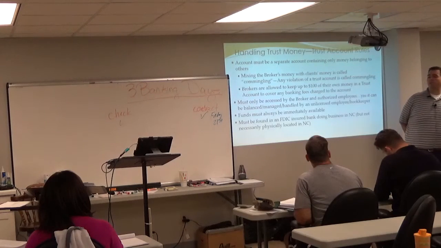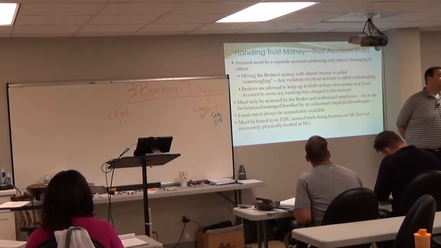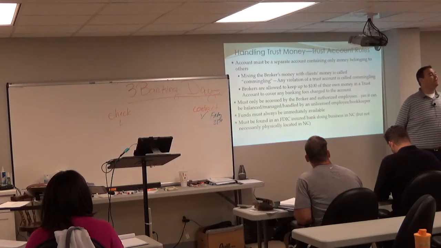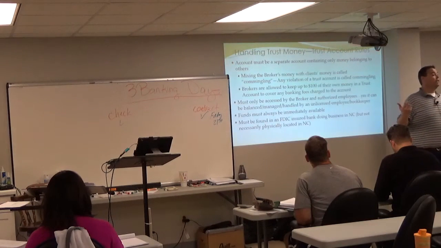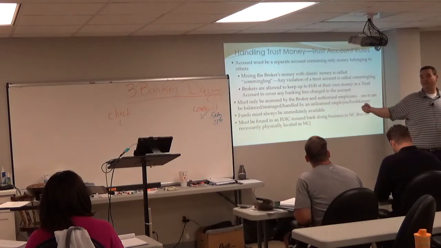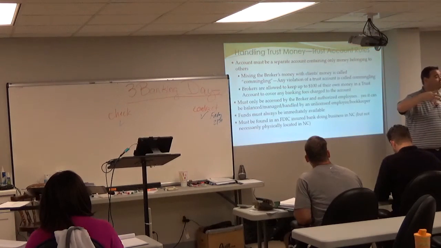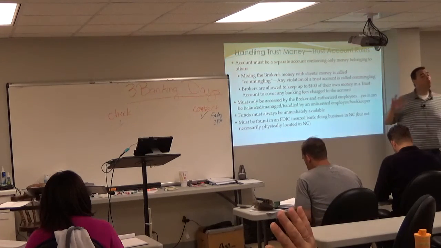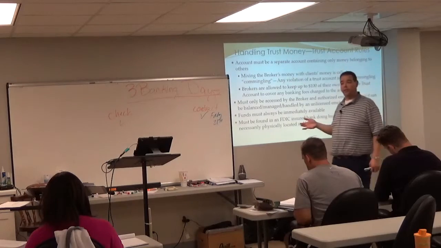Because the definition of commingling is mixing your money with what? With trust money. Whether that mixing takes place in the account or outside of the account, if you have too little money in the account, where's the commingling happen? Outside the account. You're mixing their money with yours outside the account. If you have too much money in the trust account, where's the commingling happen? Inside the account. So either one of them is called commingling.